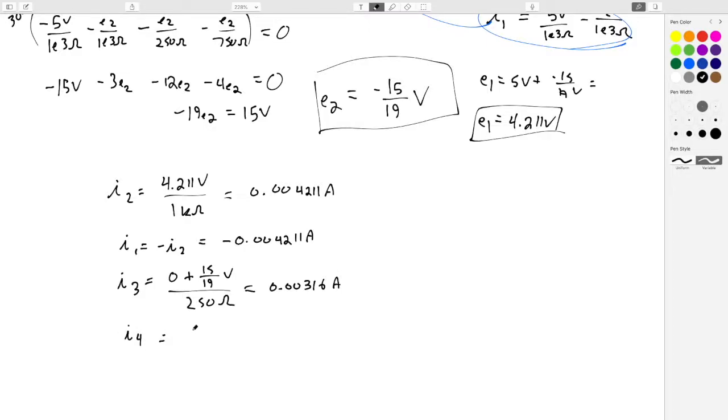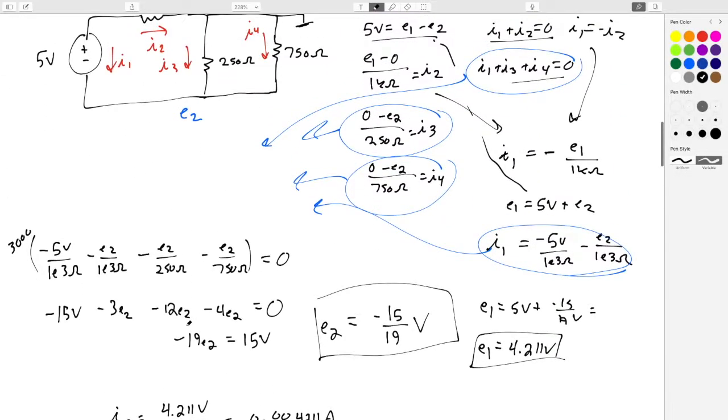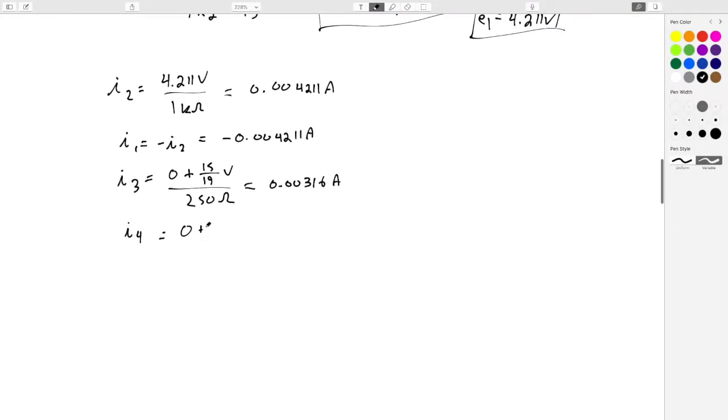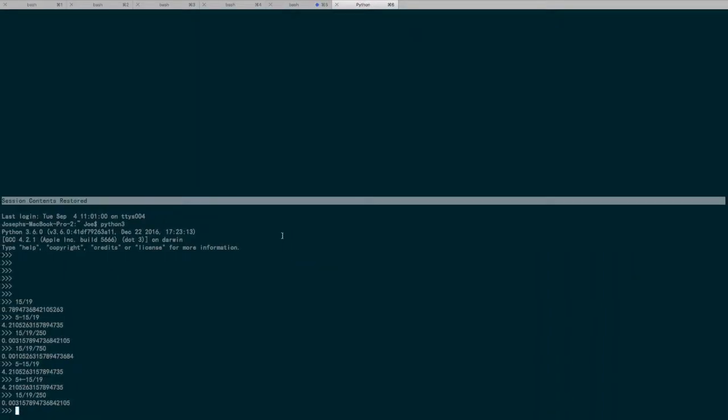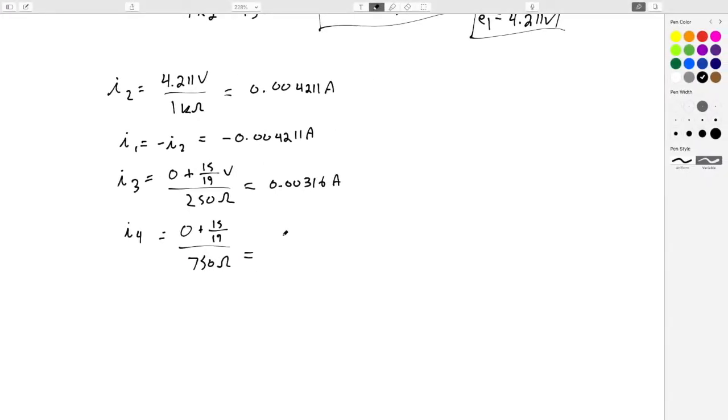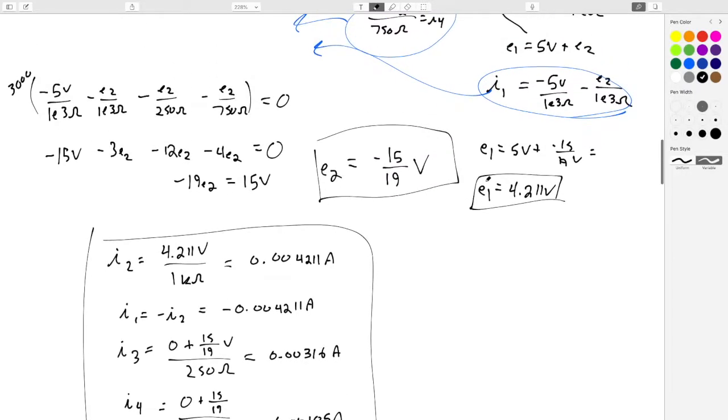I4, same sort of deal. 0 minus negative 15 over 19, so plus 15 over 19 over 750 ohms equals 0.00105. Okay, so we got all of our currents right here and our two node voltages.